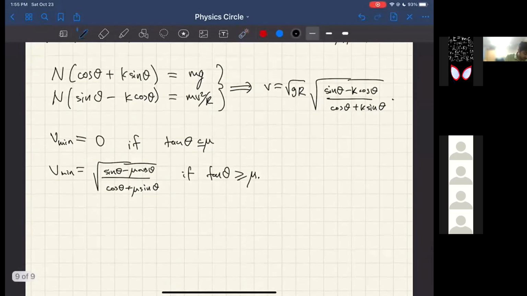And similarly, what you can do is v max equals infinity if tan theta is greater than or equal to 1 over mu, and otherwise v max is something else.